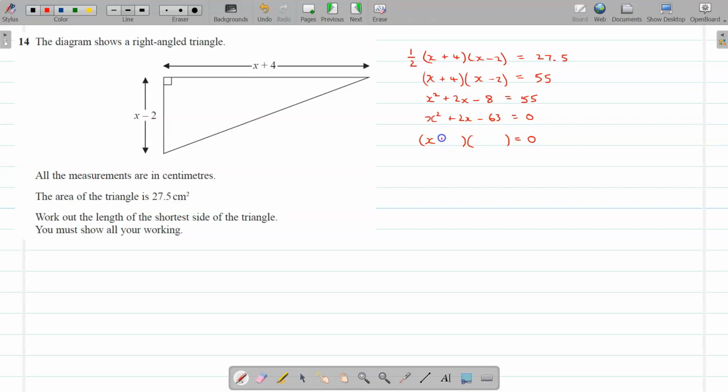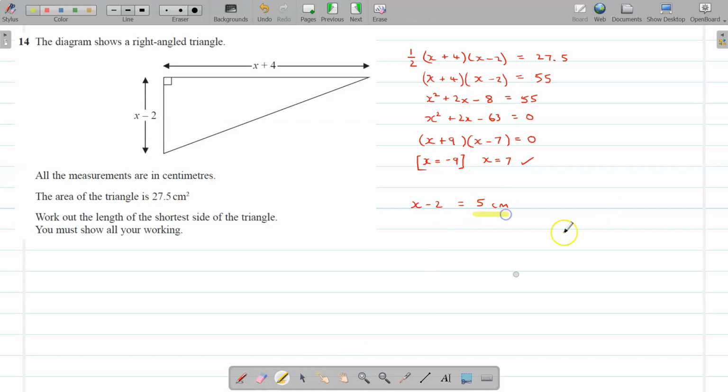Okay, and those factors are x plus 9 and x minus 7. Okay, and from that we can deduce that either x is minus 9, which is not possible because x is a length, or x equals 7, and that's the one we use. Okay, and therefore x minus 2, which is the shortest side, equals 5, and that's the answer. That's the shortest side. Okay, 5 centimeters.